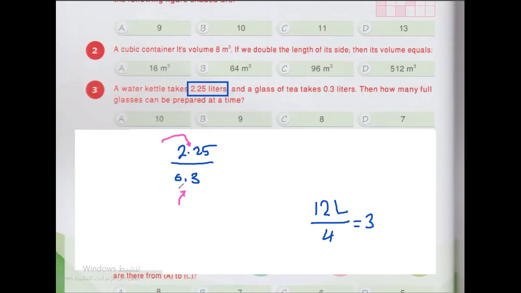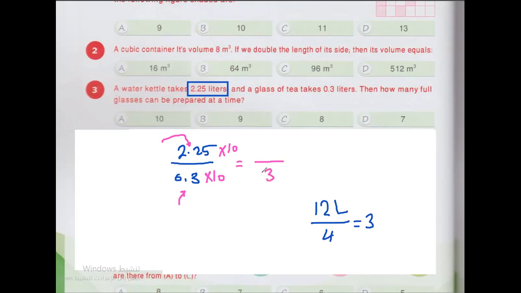Did you learn in school how to find the answer when you divide decimal numbers? What will I do? The first step, you must cancel this decimal. You multiply by 10 and here by 10. Then 0.3 times 10 is what?